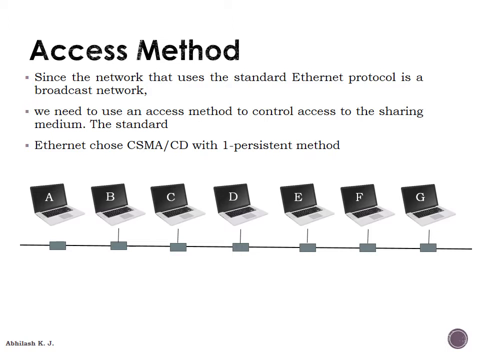Station A first has to sense the medium to see whether any other station is currently transmitting over the medium. That is, when station A wants to send some information to station D, first it has to sense the medium. That is the basic principle of CSMA/CD with the one persistent method.